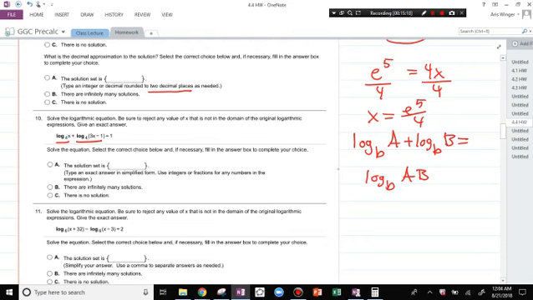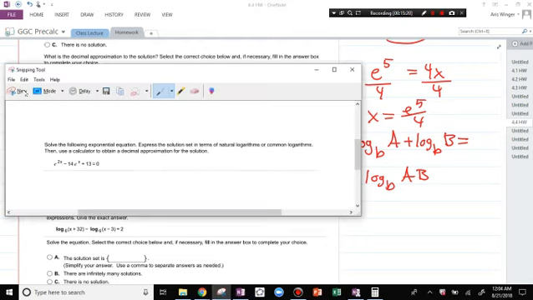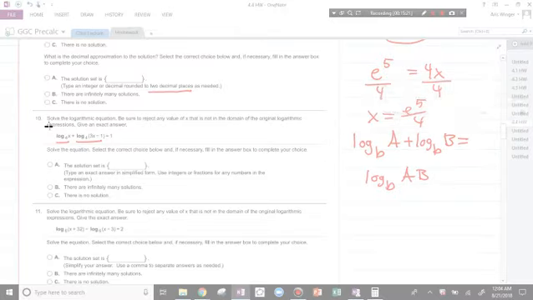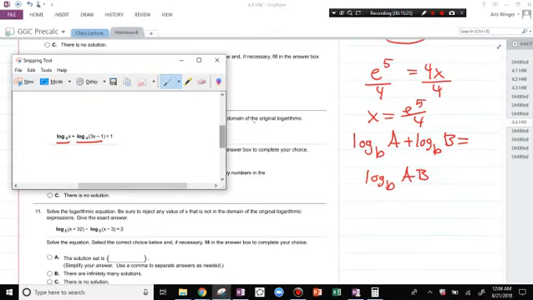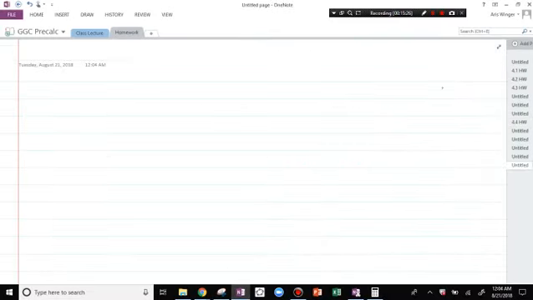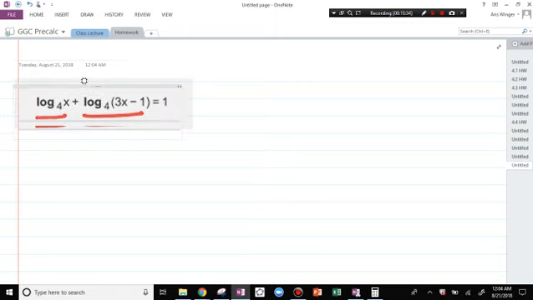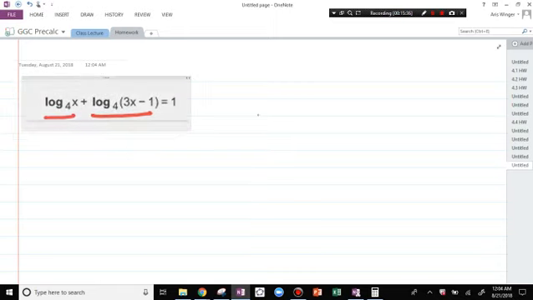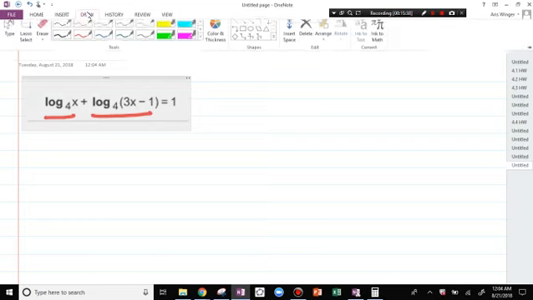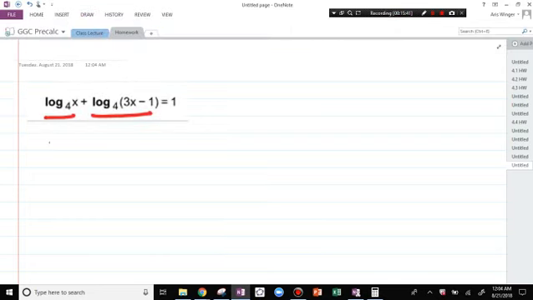So we have, let's take this. This becomes one log. This is equal to just the left-hand side, leaving the right-hand side alone.